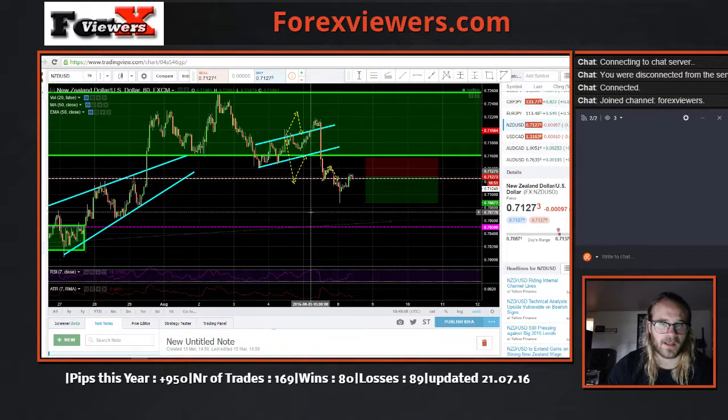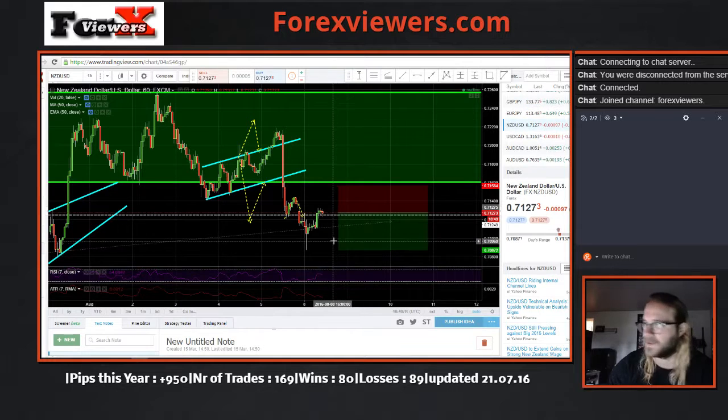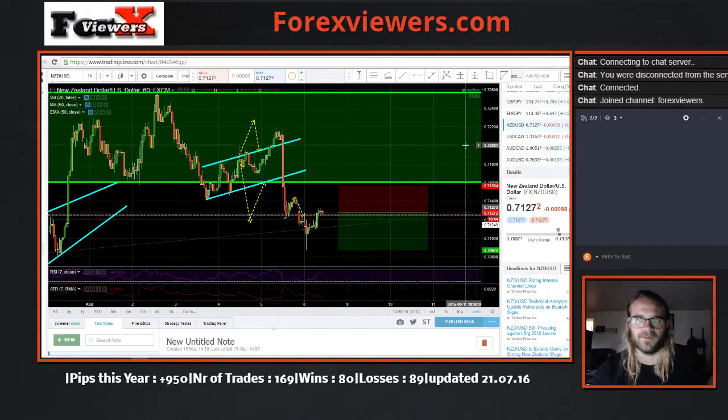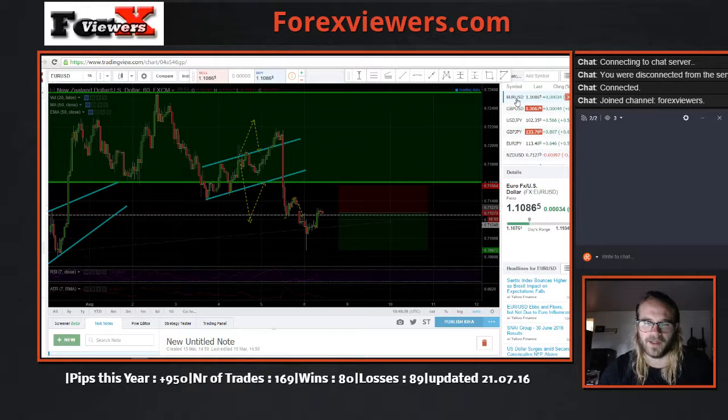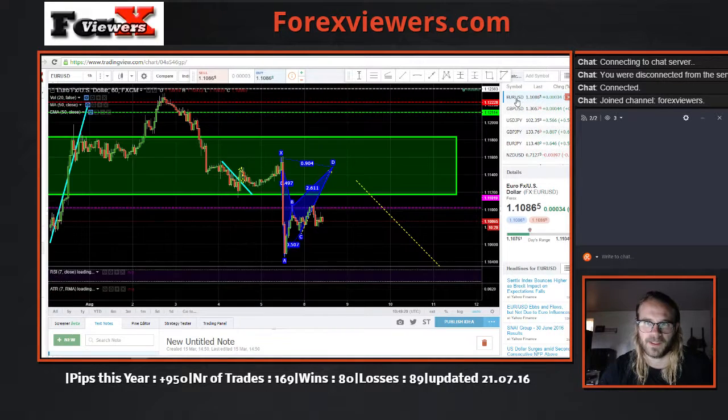Then again, I'm not going to be shocked either if we continue lower here as well. So the thing I'm most interested in today is the dollar CAD, the New Zealand dollar, and of course the euro dollar if we can get the push to the upside on this bat pattern.